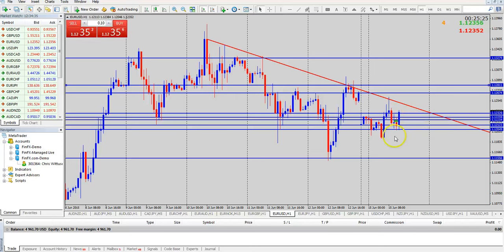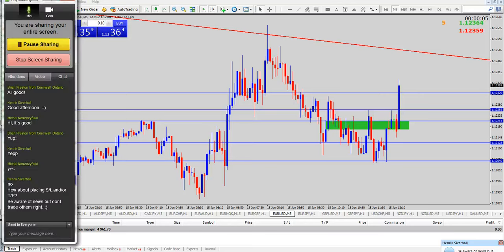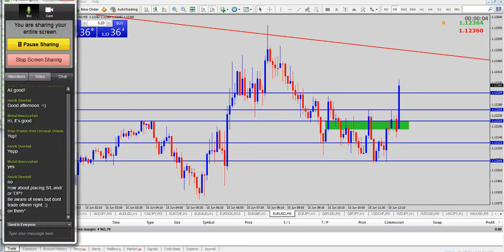So what we might have here is it come up and try this trend line up here. But for that to happen, we have to climb another 15 pips. So it's right here in 5 minutes. Let's see if this baby closes over there.